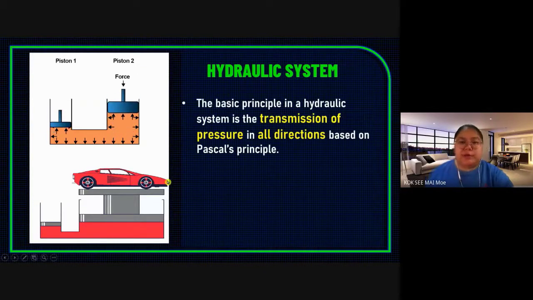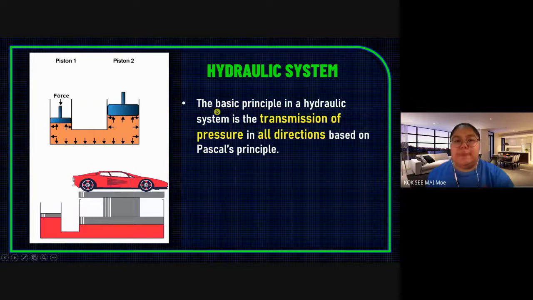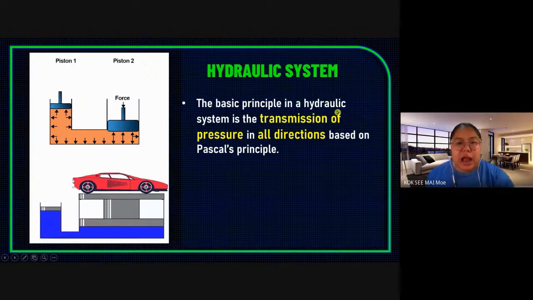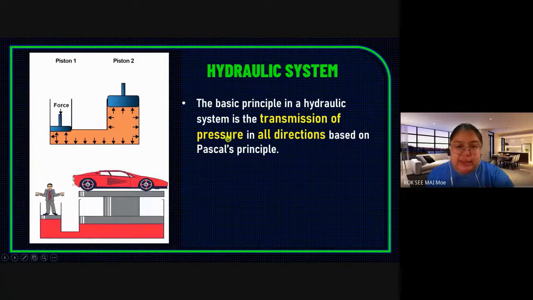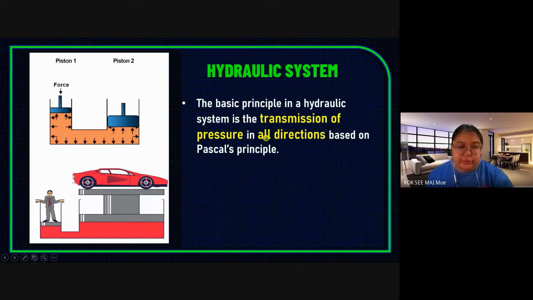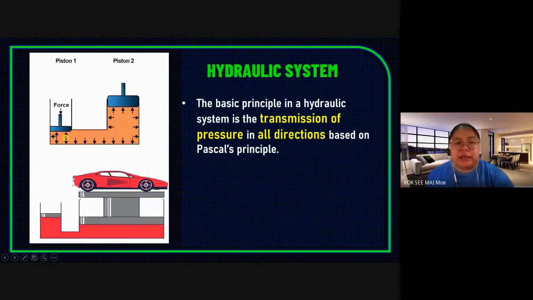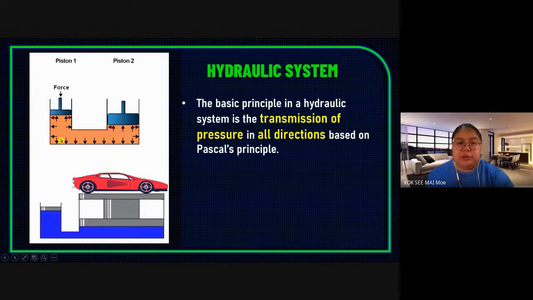Now we are going to explain the basic principle of the hydraulic system. There is a transmission of pressure in all directions, based on Pascal's principle. You can see it transmits in all directions.